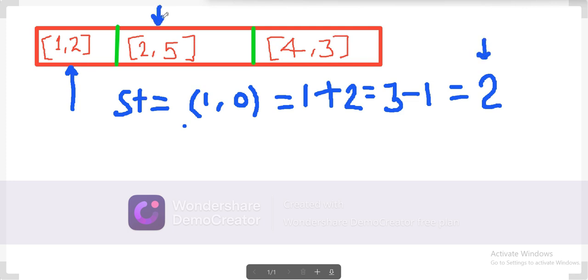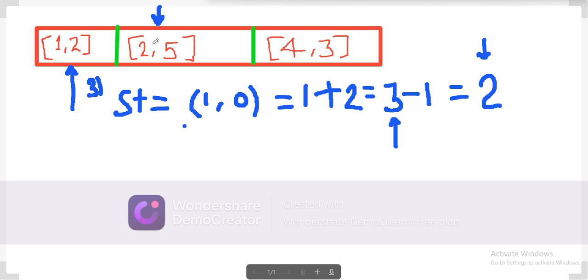Let's go for the second customer. This customer arrived at 2, but the previous order finished at 3, right? So we have to take the max of these. So what would be the start time? The start time would be the maximum of the arrival time and the completion time of the previous order.